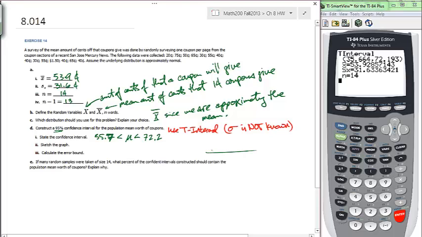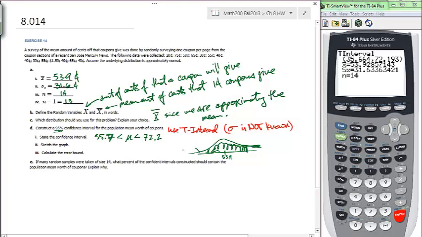Sketch the graph. We can just do this curve over here. We got our mean to be 53.9, and we have a shaded region of 95%. That gives us a tail region of 5% on both sides.